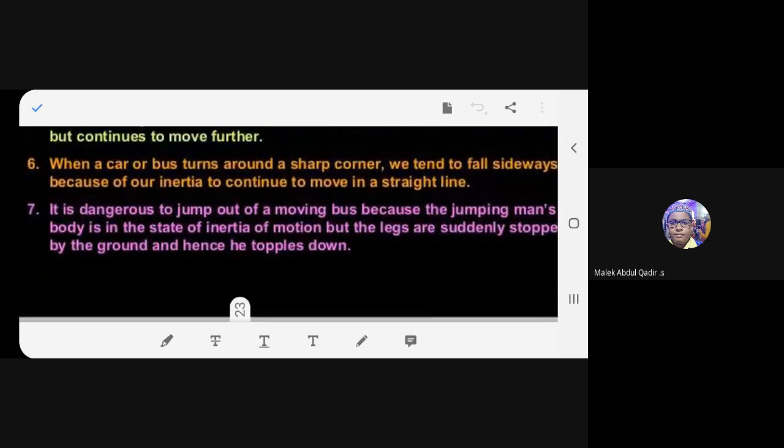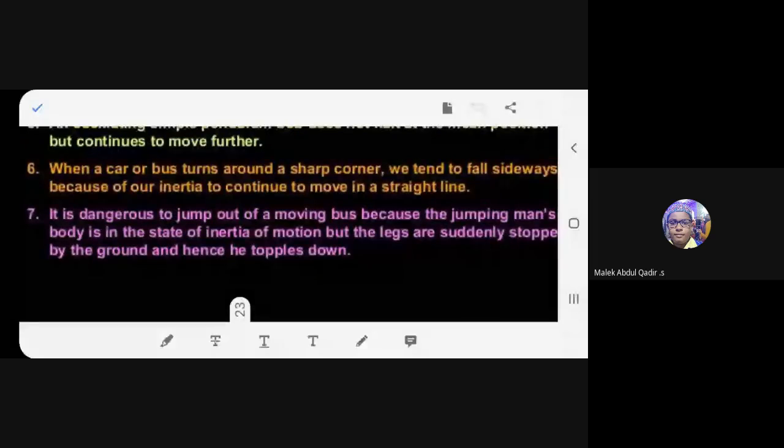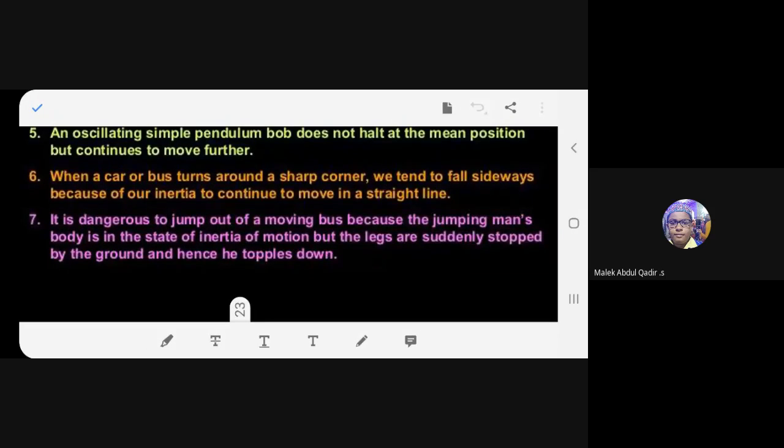Next, when a car or bus turns around a sharp corner, we tend to fall sideways because of our inertia to continue to move in a straight line. My car was moving in a straight line, right?